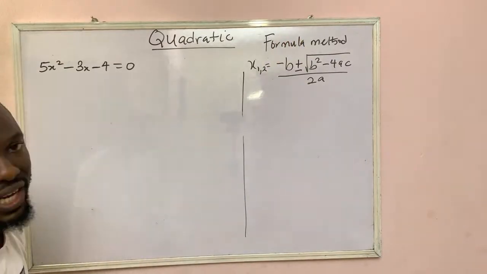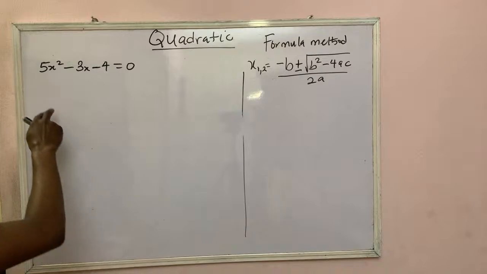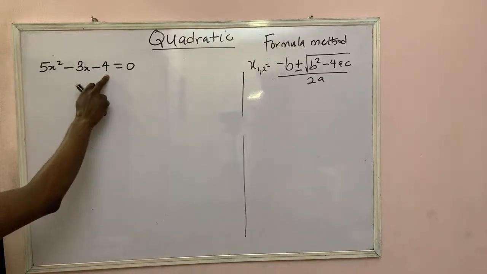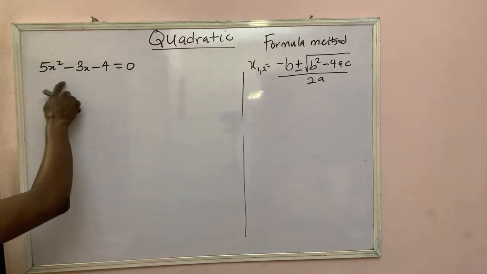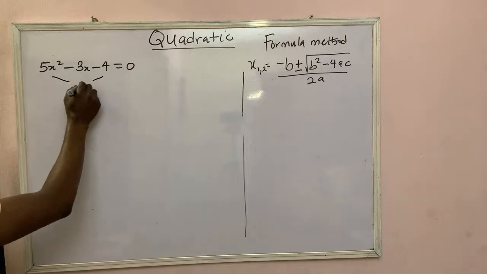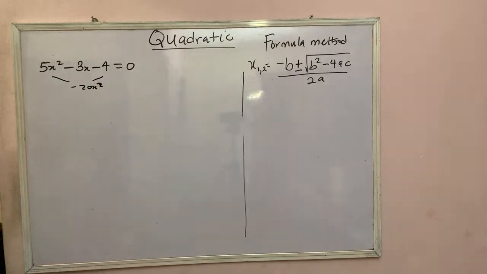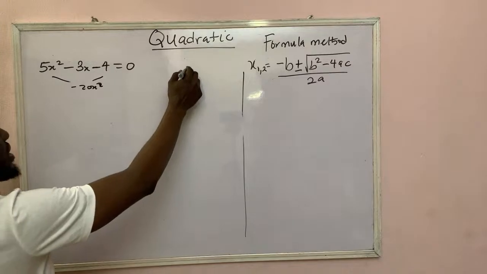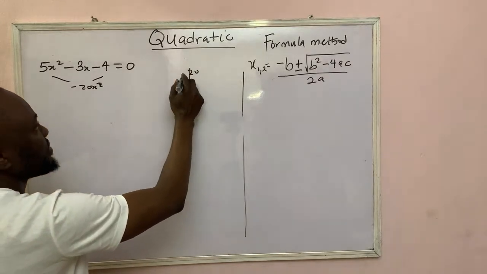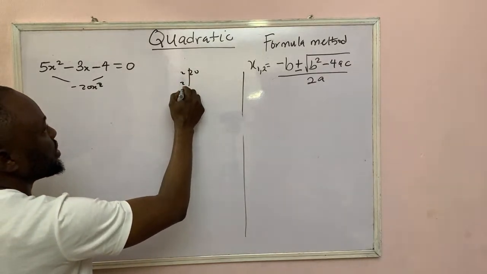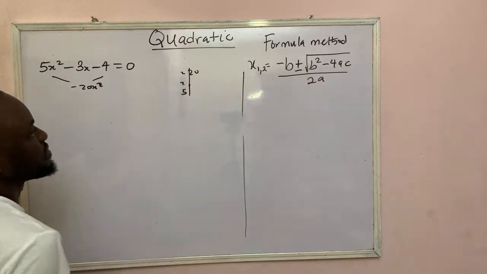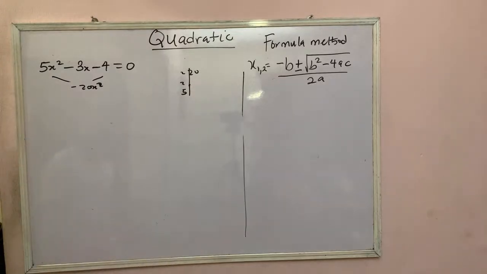So how do you know that? If we multiply 5 by -4, we're going to get -20. If we look for two numbers, 20 will have factors of 2 and 5.